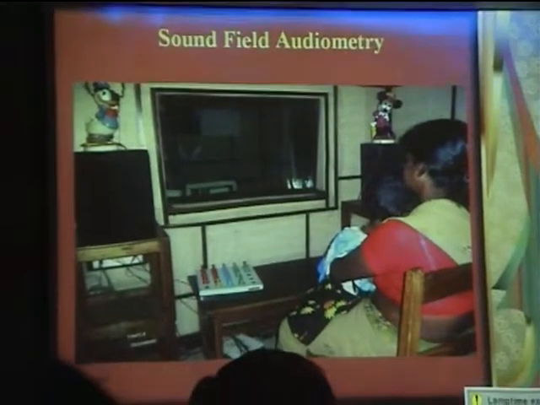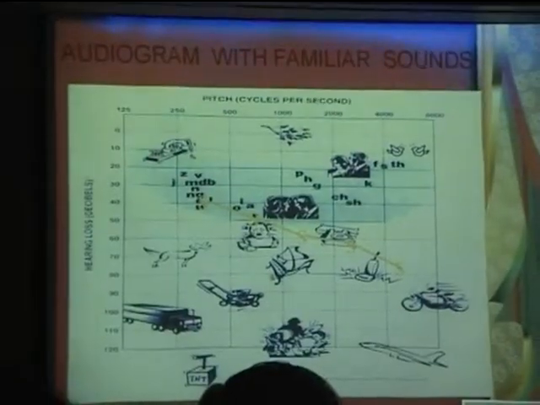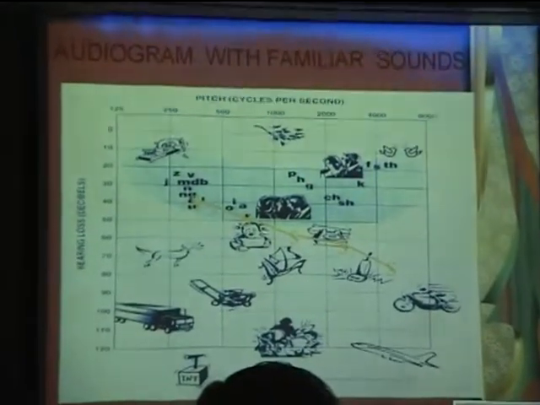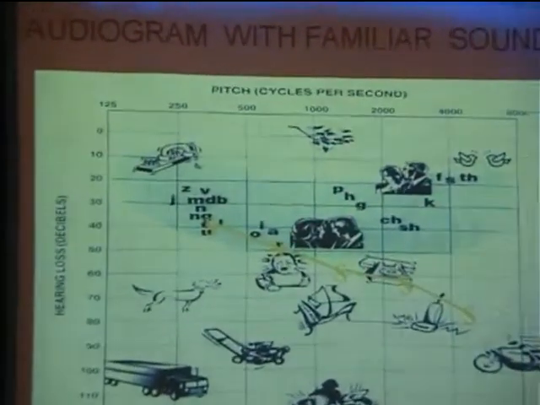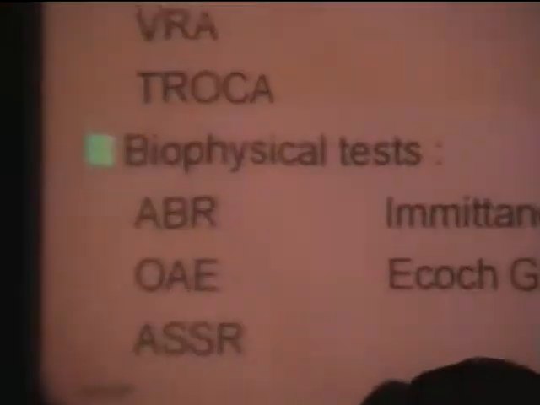We can do this kind of testing in a sound field, even without headphones, and get an audiogram like this, which can tell us, as Mr. Patadia said, about the speech banana, and how the audiogram fits into the speech banana gives us an idea about what the child can hear and what he can't hear.